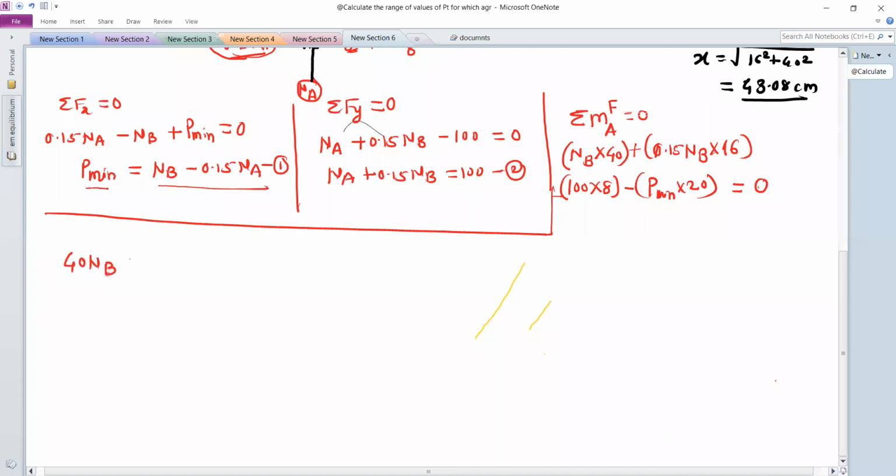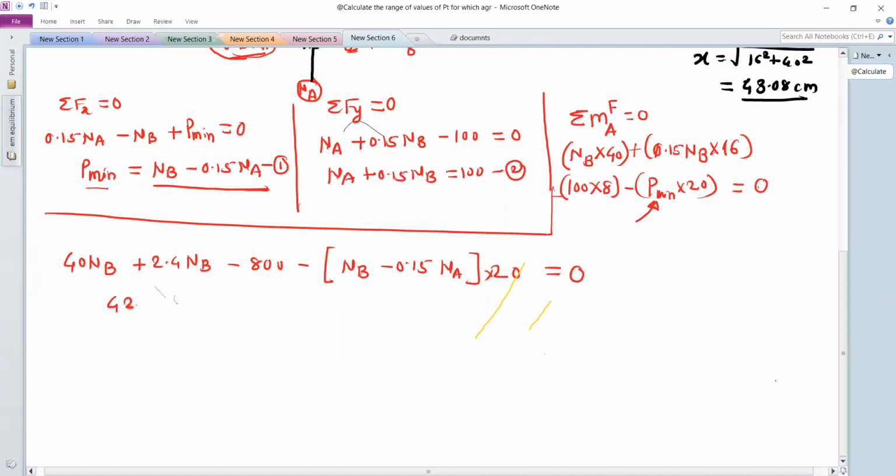So 40 NB plus 2.4 NB minus 800 minus NB minus 0.15 NA. So I am replacing P minimum by this complete value equation into 20, and this is equal to 0.